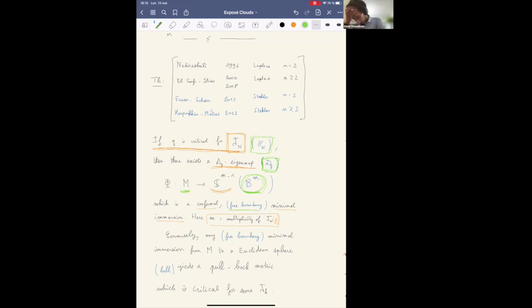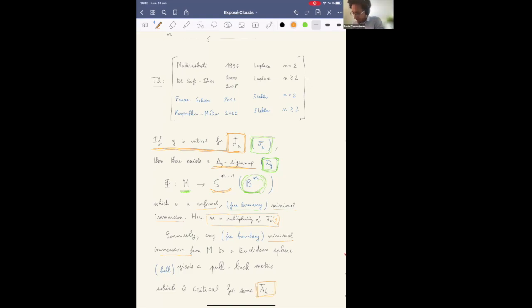This is a by now well-known result, and what is known also is the converse statement: from a minimal immersion from M to the Euclidean sphere, you can get a critical pullback metric for some rescaled single eigenvalue.